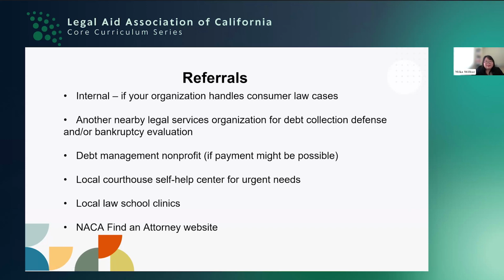And it's not on here, but I personally love the Sacramento Law Library's resource guides. They have step-by-step guides to responding to a debt collection lawsuit. Same thing with filing a fee waiver, doing a claim of exemption.